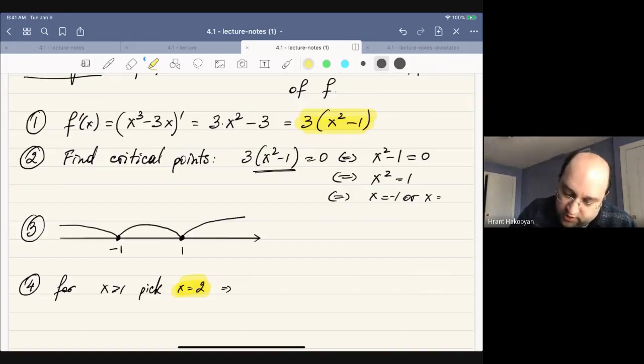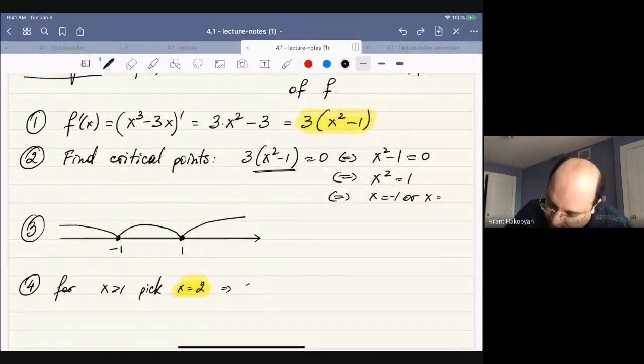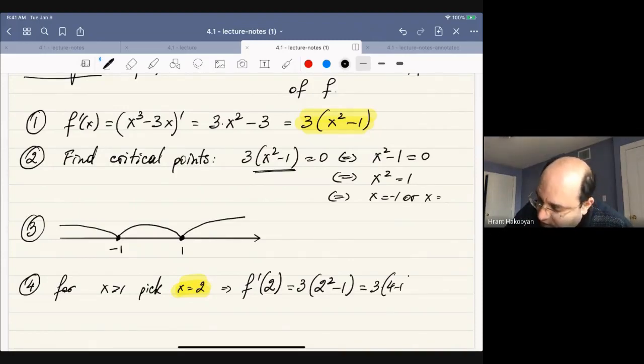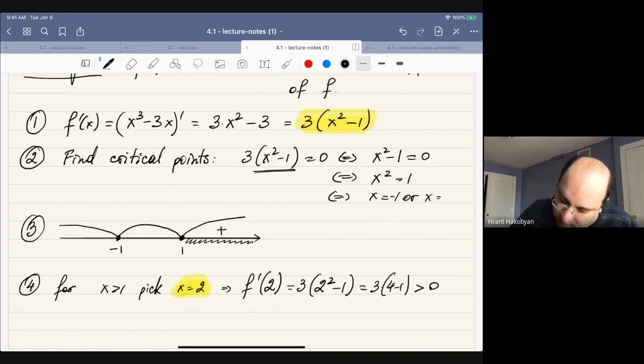So f prime at 2 is equal to 3 times 2 squared minus 1. That's 3 times 4 minus 1, so 3 times 3, which is positive. So that means I am positive here, okay? So in this interval, my function is increasing.